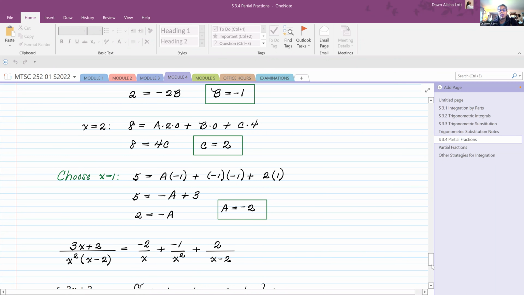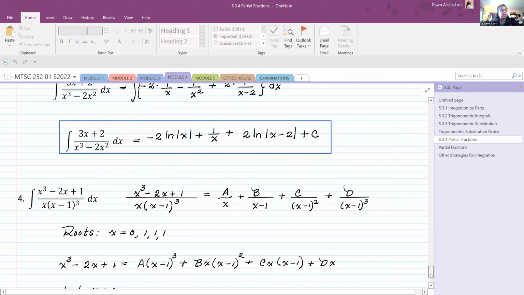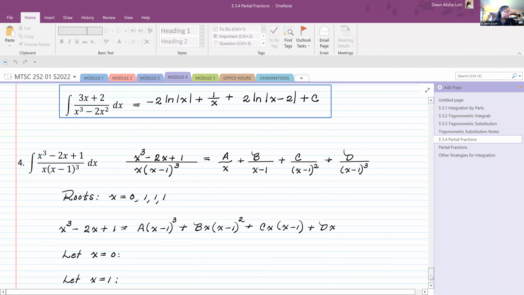And then the last example I gave you was x cubed minus 2x plus 1 over x minus 1 cubed. And in this one, we had the repeated root x of 1 three times.